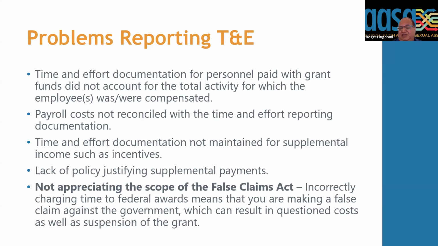You knew this employee, or you did not care that the employee reported correct time and effort, and you claimed all this reimbursement based on that. So that could have a really serious effect. Again, this is something that's part of the law, so I just thought that I'd bring it up.